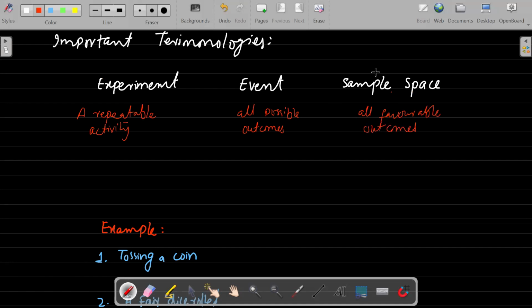There is one more thing to express. Basically, event and sample space can be the same, but the difference is that the sample space will always be written in curly brackets. You have to write your sample space in curly brackets, and it will always start with a capital letter, any capital letter from A to Z. You can choose any, but it should be capital.